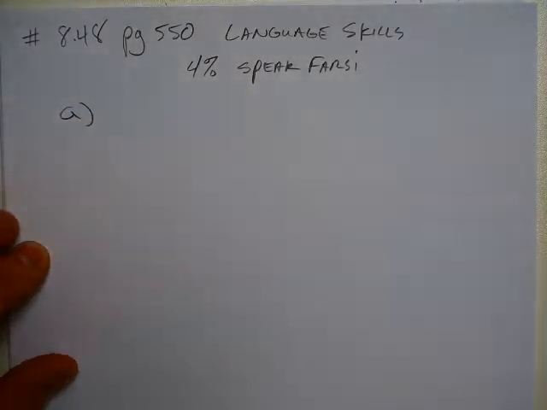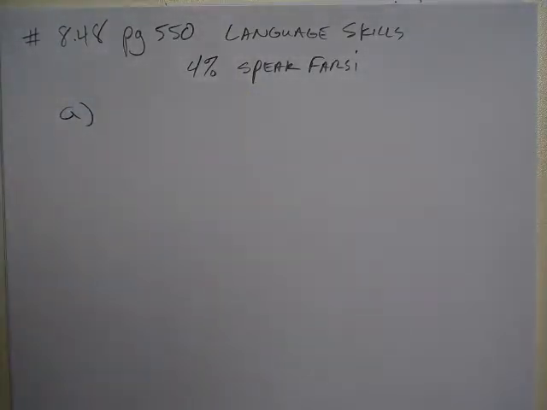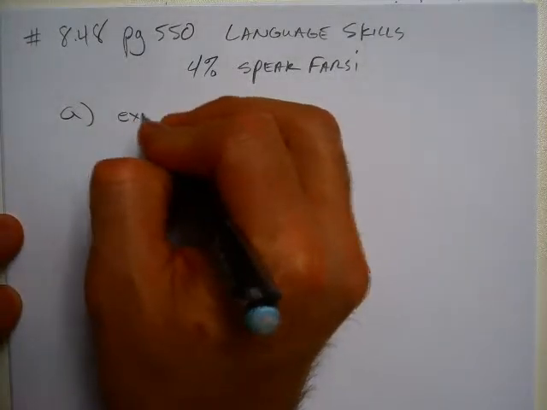A asks us, if applicants are contacted randomly, how many individuals can they expect to interview in order to find one who is fluent in Farsi? The key word in that question is expect.